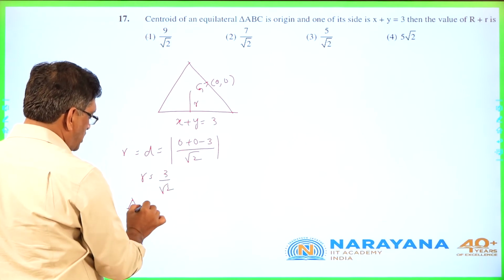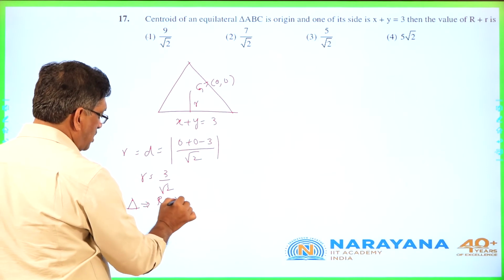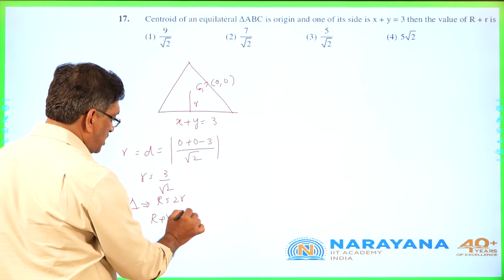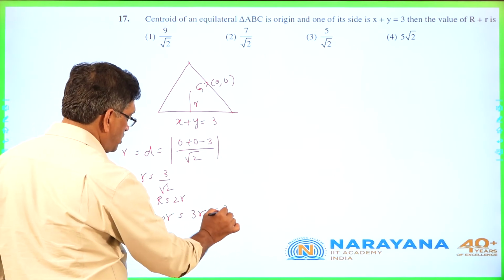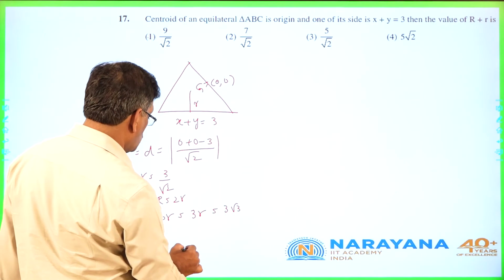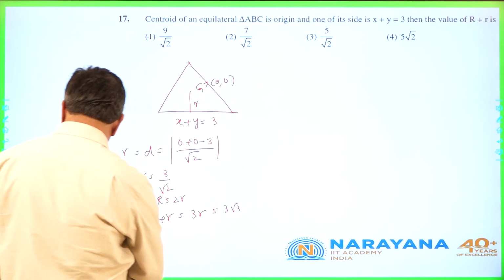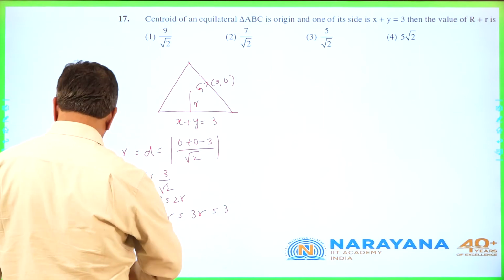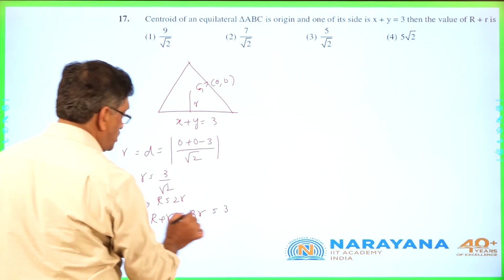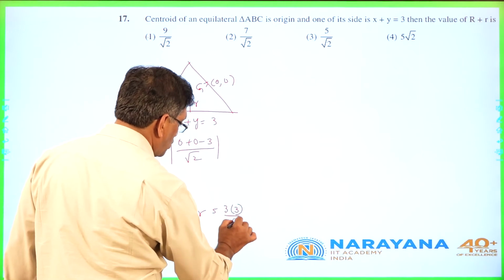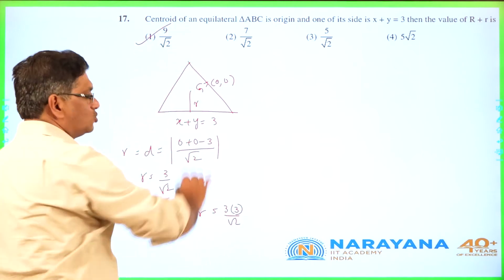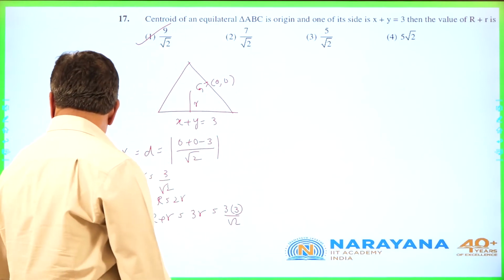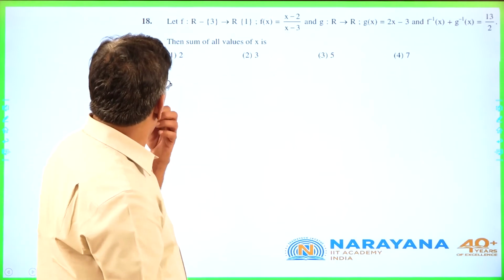For equilateral triangle, capital R is 2r. We know that. He is asking R plus r. It is 3r. 3 into r is, sorry, this is 3 into 3 by root 2. It is 9 by root 2. A simple problem based on the properties of triangles again. So, let us go to the next question.